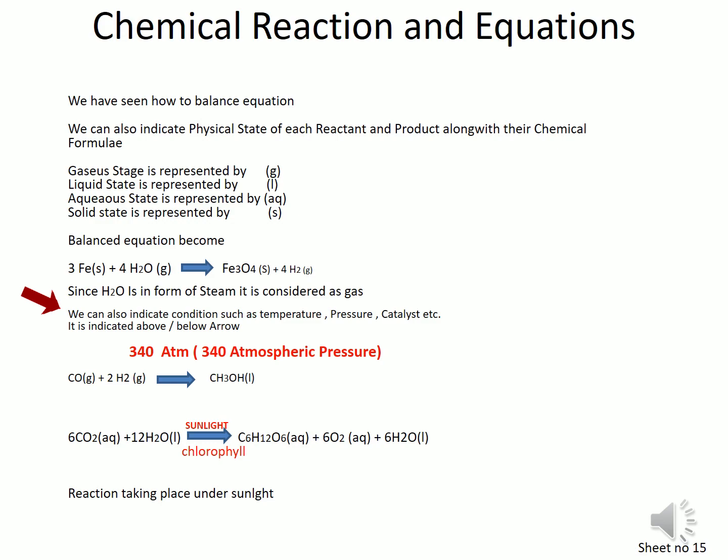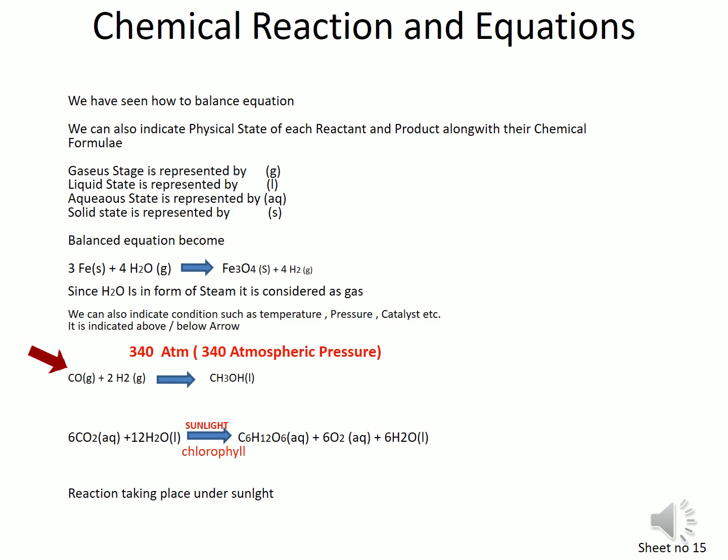In this equation 340 atm is indicated, and we have indicated it in red color to understand in a better way. 340 atm means atmospheric pressure. Okay, this is the condition at which this reaction is taking place. So this is additional data we are putting above the arrow, additional data we can put.